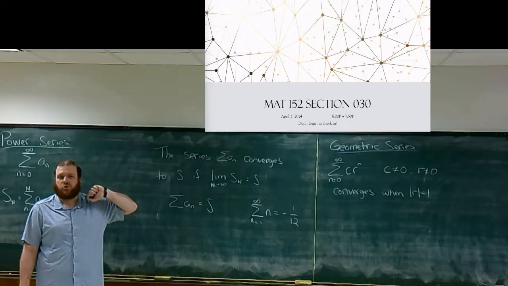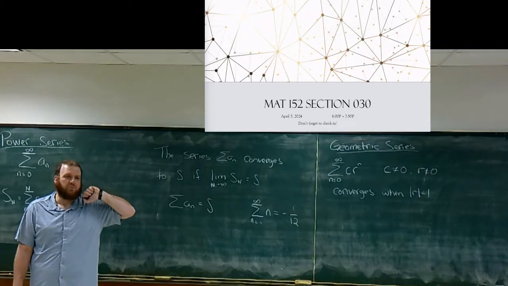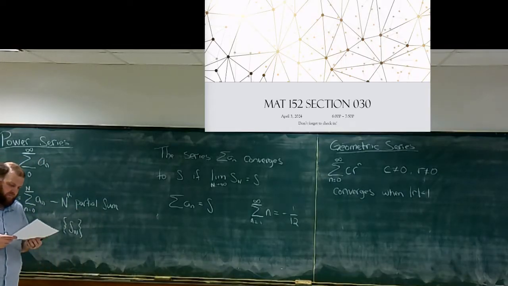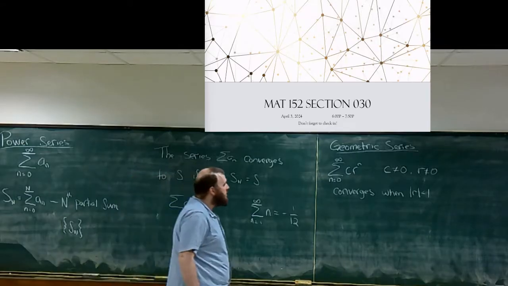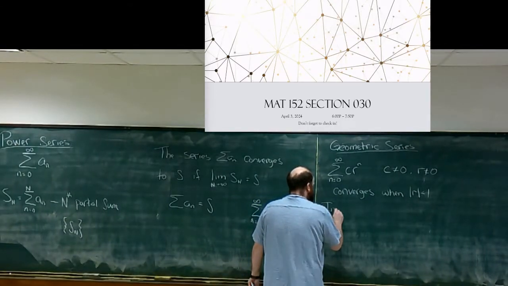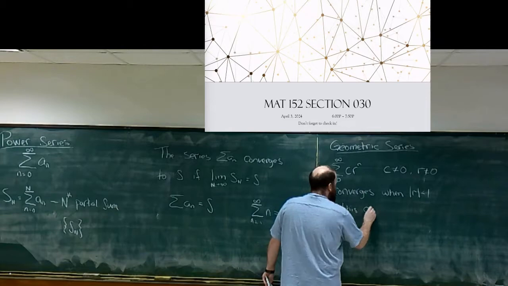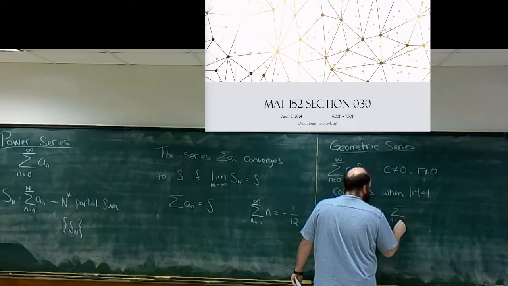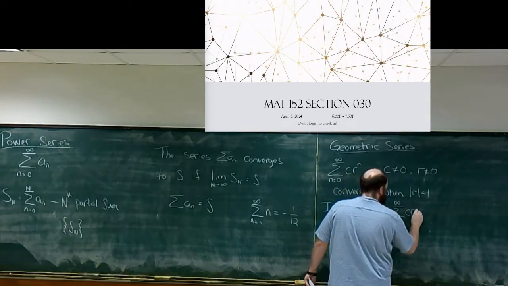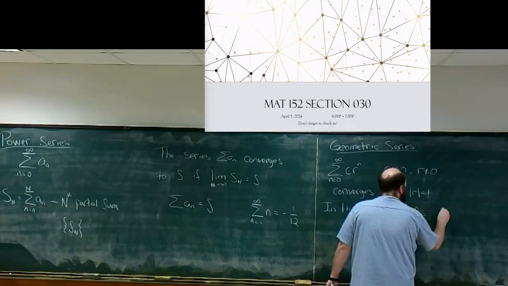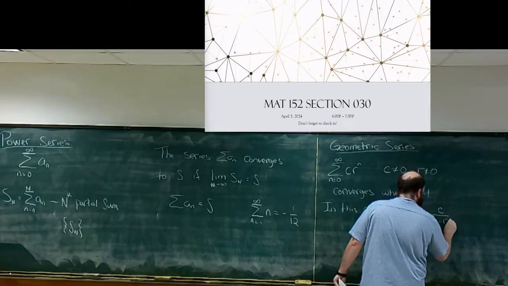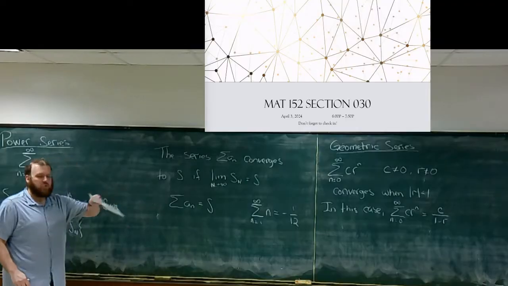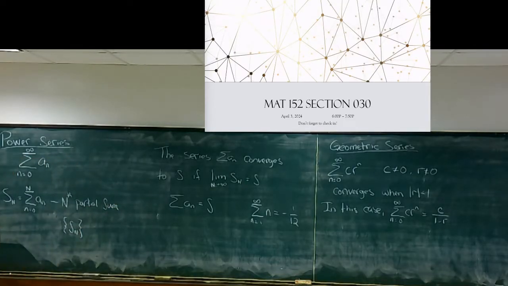The series will diverge if absolute value of R is greater than or equal to 1. And it's shown that when it converges, it'll converge to the value C over 1 minus R.